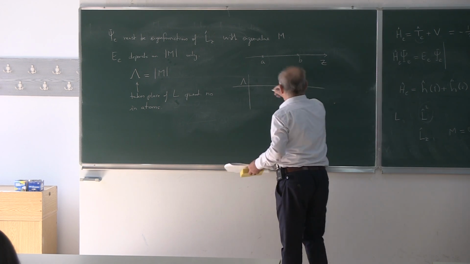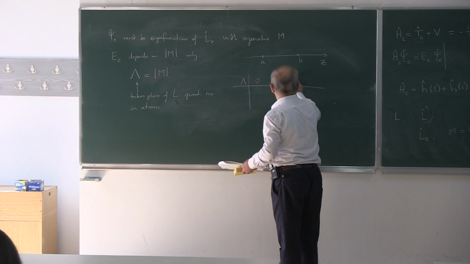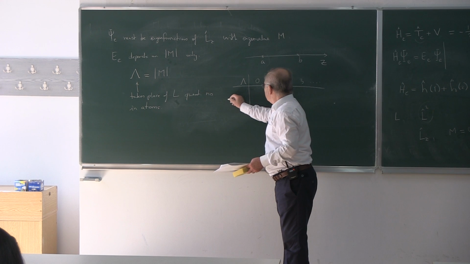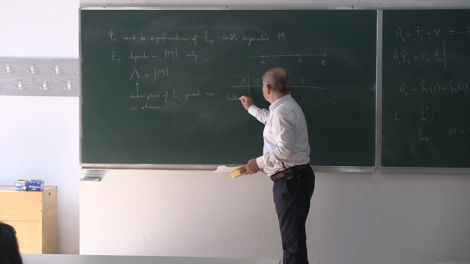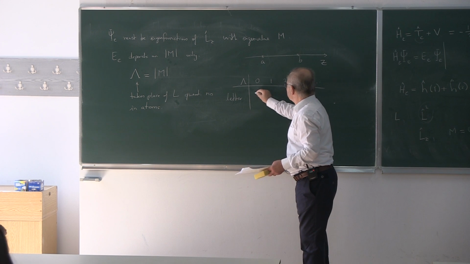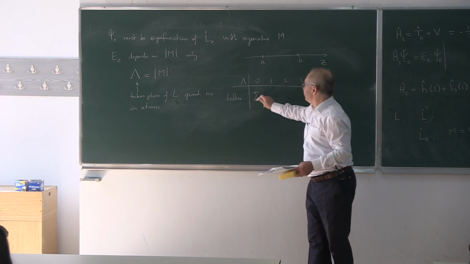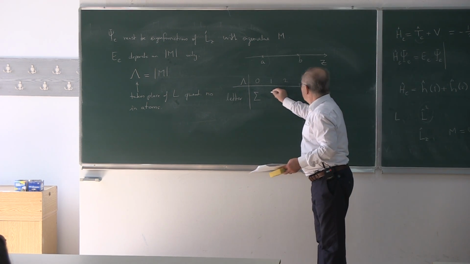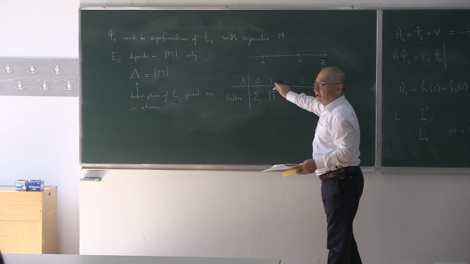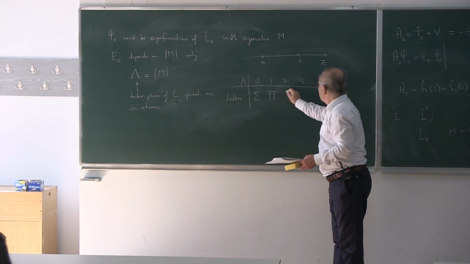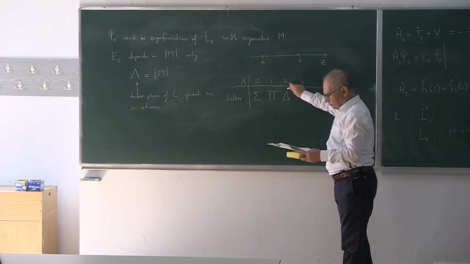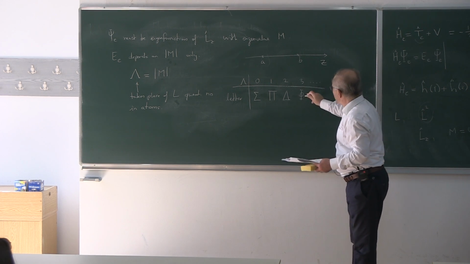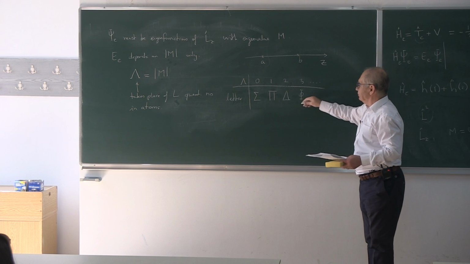As you see, absolute values of lambda are 0, 1, 2, 3, etc. The letter codes we use are sigma if lambda is 0, pi for lambda equals 1, delta for lambda equals 2, phi for lambda equals 3, and so on, using Greek letters.